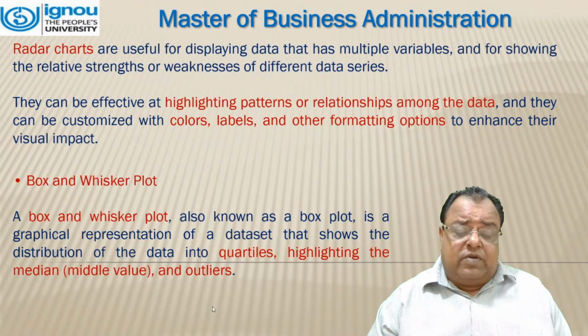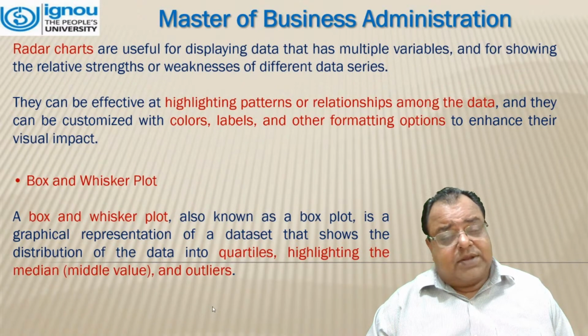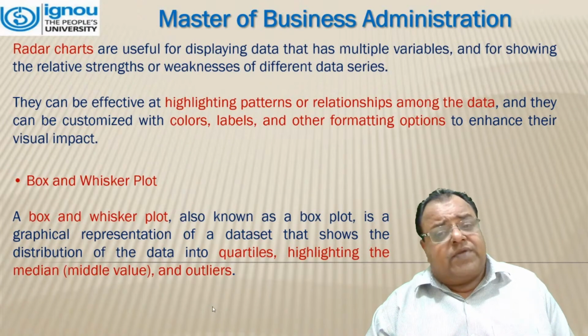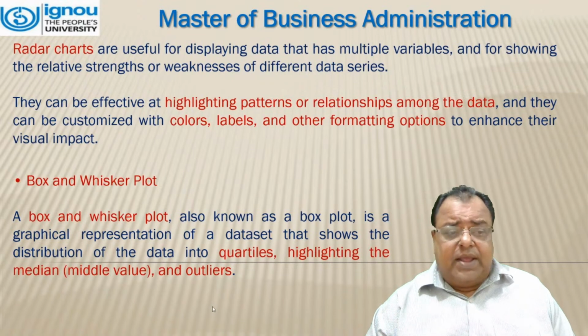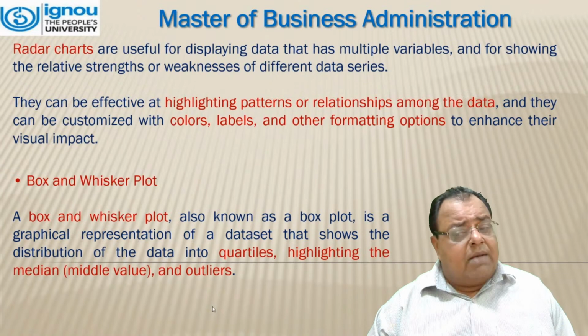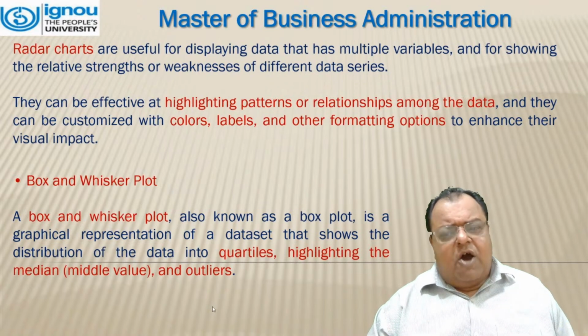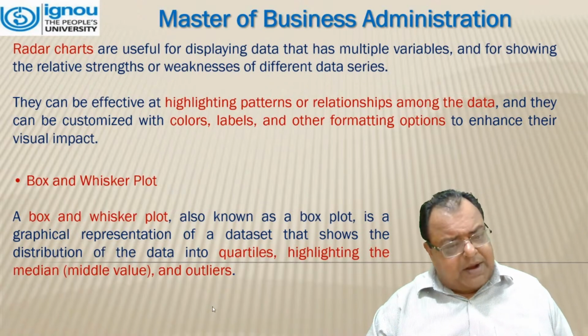Radar charts are useful for displaying data that has multiple variables and for showing the relative strengths or weaknesses of different data series. They can be effective at highlighting patterns or relationships among the data, and they can be customized with colors, labels, and other formatting options to enhance their visual impact.